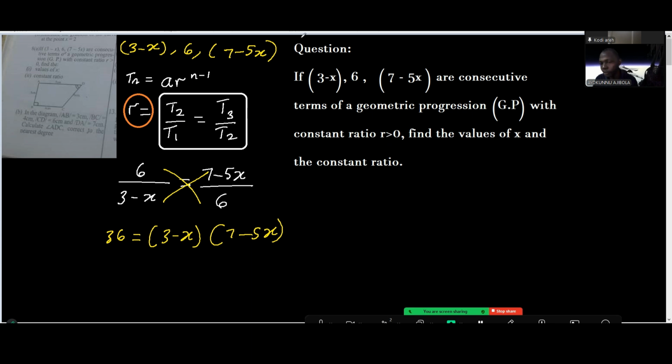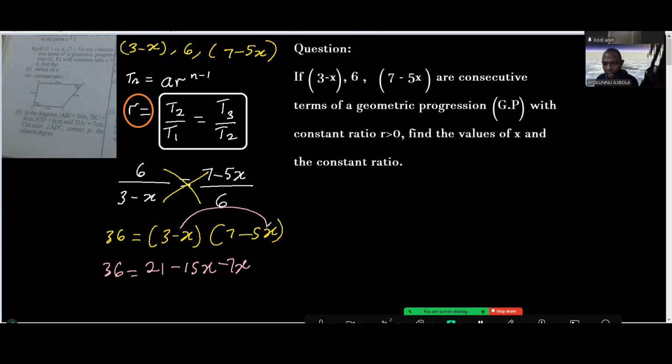So obviously this is going to lead us to a quadratic equation where we get two values for x. So 36 equals 3 times 7 is 21, and 3 times negative 5x is negative 15x. Then negative x times 7 is negative 7x.